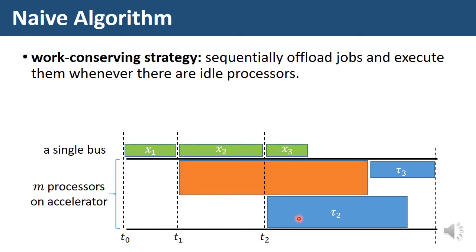And at time 2, tau 2 completes its offloading. Tau 2 can also be executed as soon as possible because there are also idle processors. But at time 3, when tau 3 completes its offloading, tau 3 cannot be executed as soon as possible because all the processors at that time are busy. So tau 3 must wait for idle processors here.